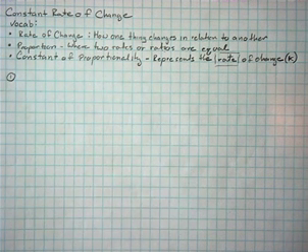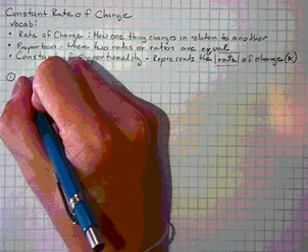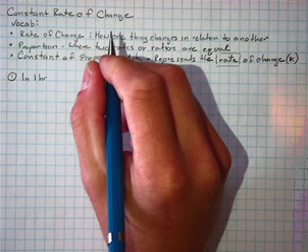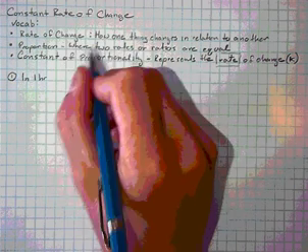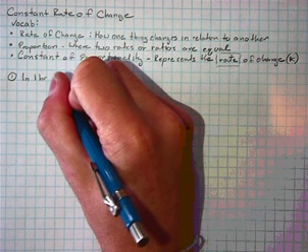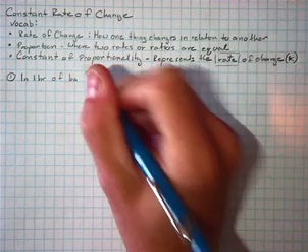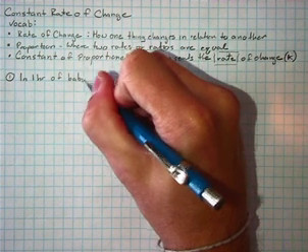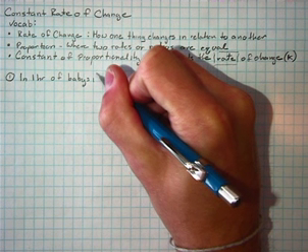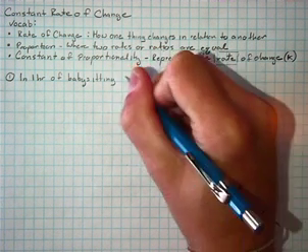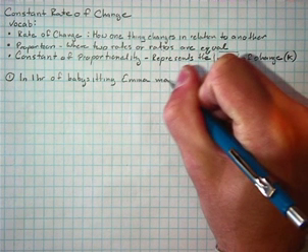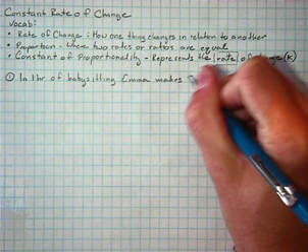All right, let's look at a couple examples. So in 1 hour of babysitting, Emma makes $8.